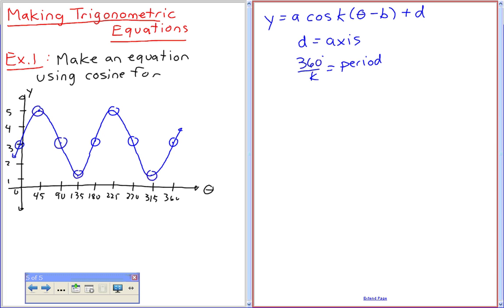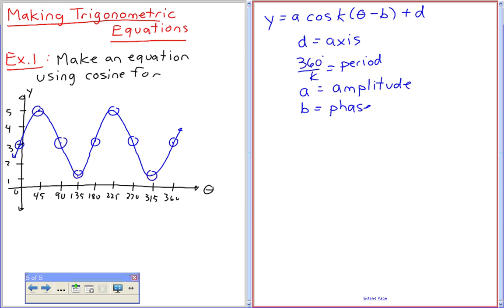Luke, what else do we know? A is something. Good. Can somebody go into a little bit more detail? A is not going to be phase shift. If I say 3 cosine, what does 3 cosine mean? Amplitude. A is going to be your amplitude. And B is going to be your phase shift.